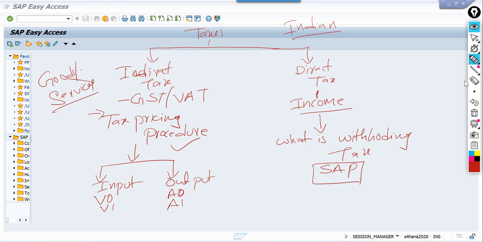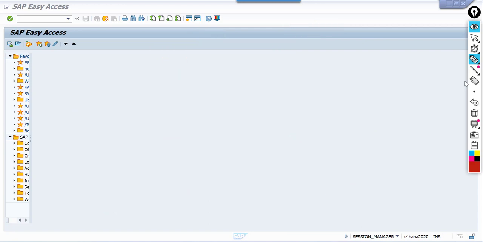We understand what is indirect tax and what is direct tax. Withholding tax from SAP point of view, it is withholding tax. Coming to the Income Tax Act, we are calling this TDS, tax deducted at source.